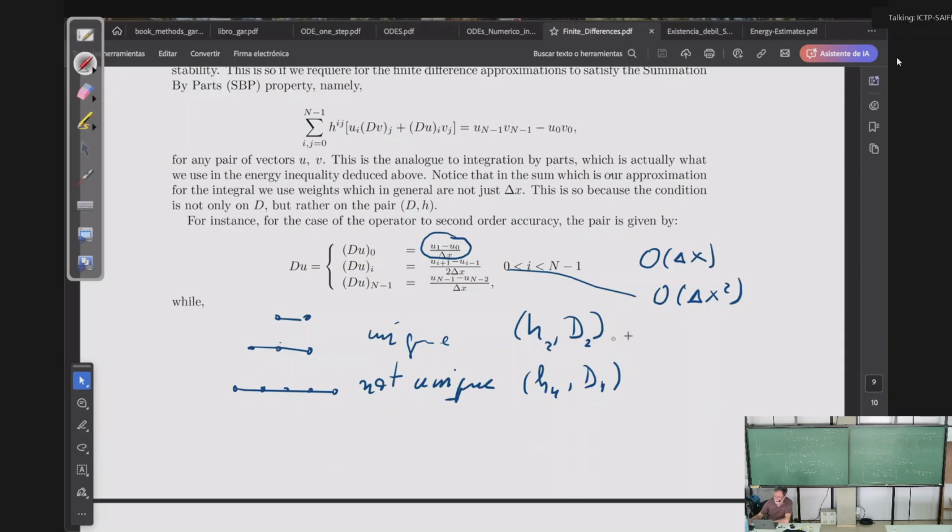You can show that you cannot go, so if you want a method of fourth order, say, you can show that in the boundary it can be at most third order. So there is a unique one if the boundary is third order.